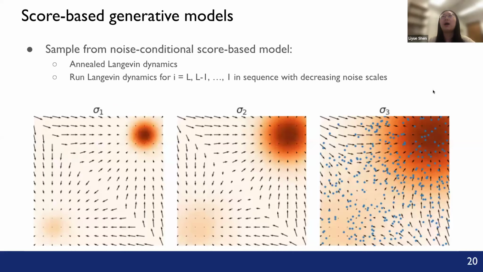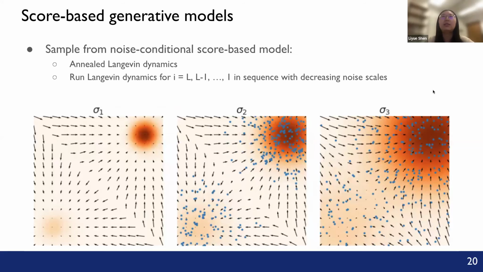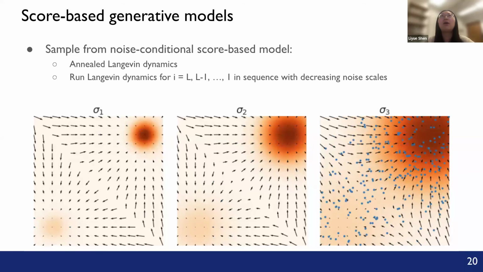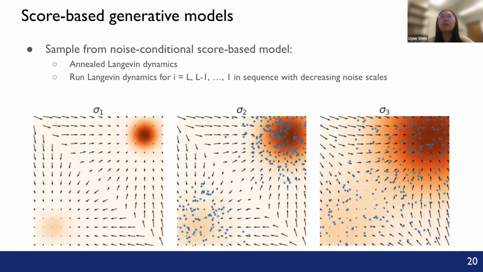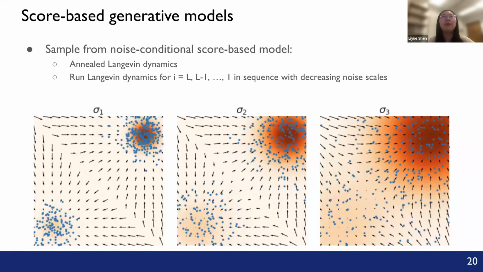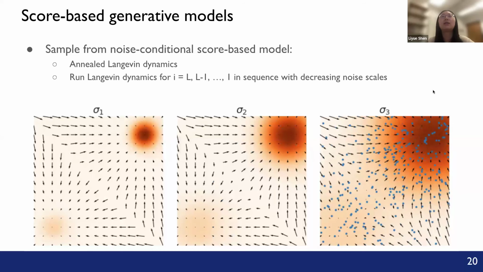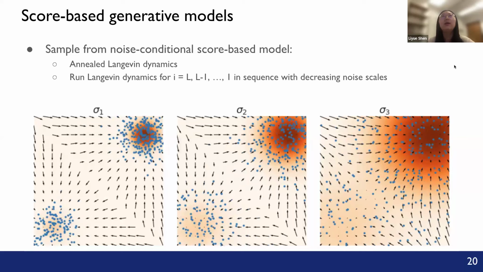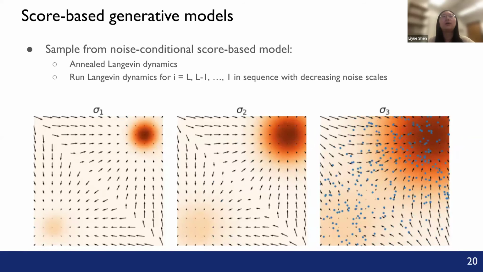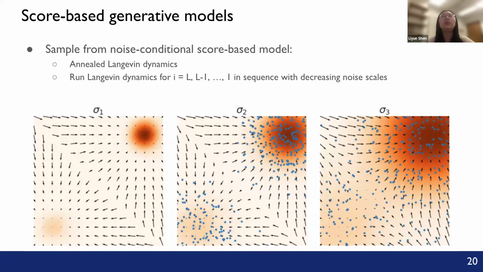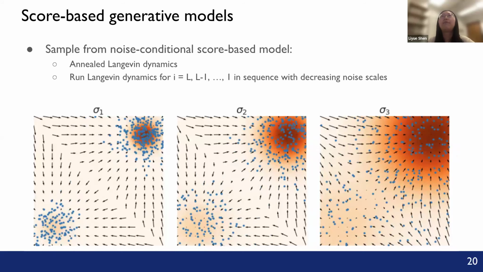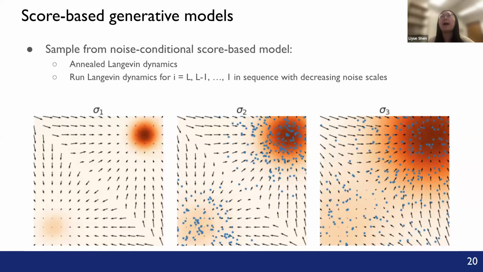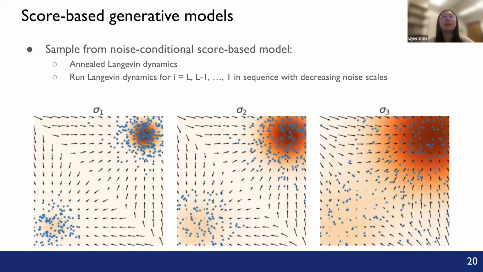After we train, or estimate, the perturbed distribution score function, how can we do the sampling? It's also similar to the previous standard way, but here, since we consider different noise scales in the different noise perturbed distributions, we can use annealed Langevin dynamics to do the dynamic sampling for the different perturbed noise distributions by decreasing the noise scale step by step.